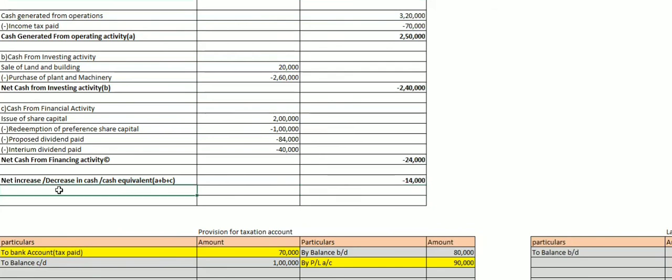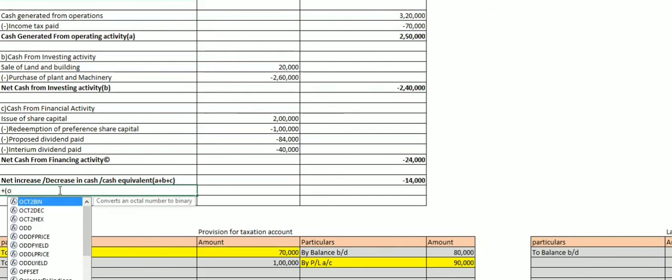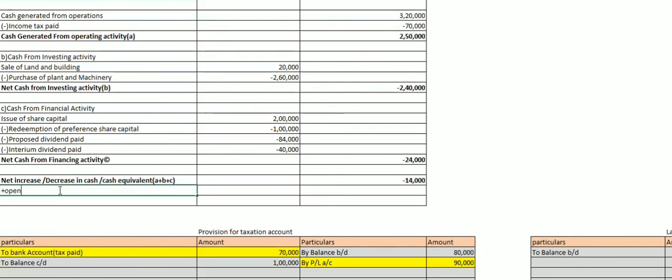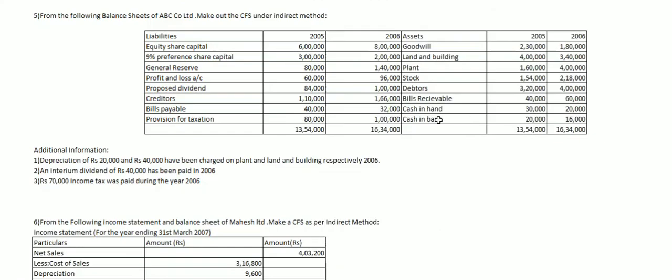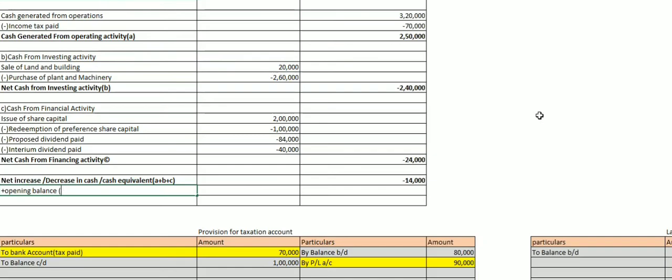Now what you will do is add your opening balance of cash. If you see, your opening balance of cash in hand and cash at bank is 30,000 plus 20,000.